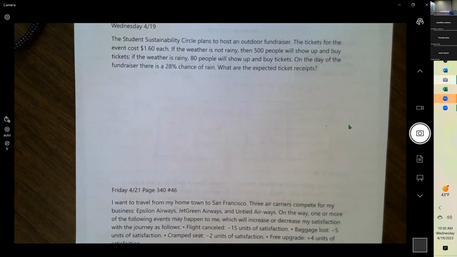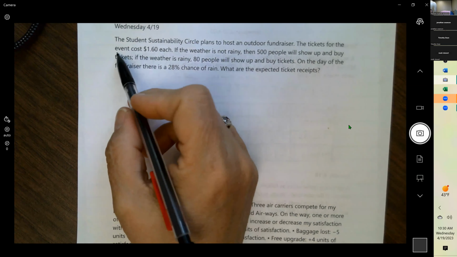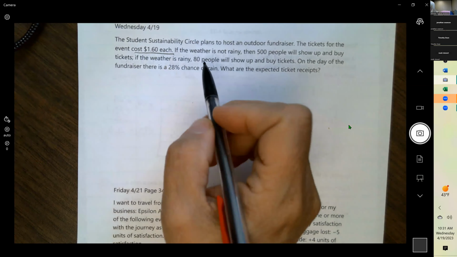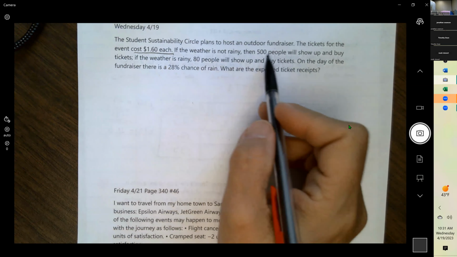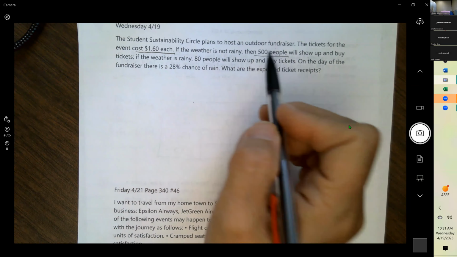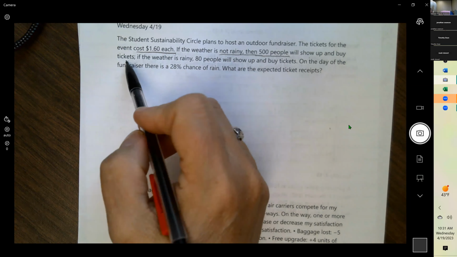The Student Sustainability Circle plans to host an outdoor fundraiser. The tickets for the event are $1.60 each. If the weather is not rainy, then 500 people will show up and buy tickets.